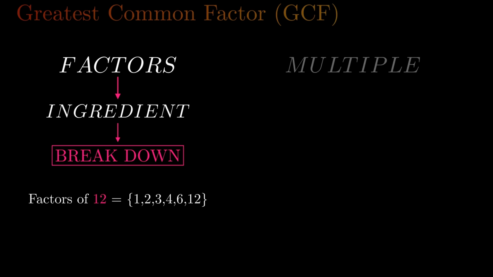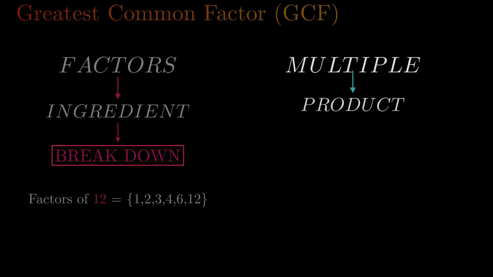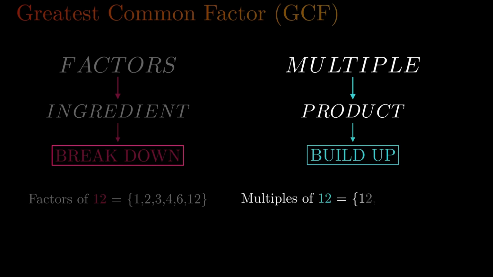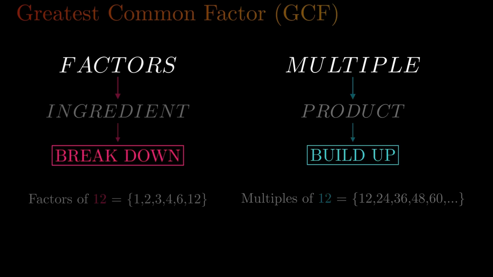On the other hand, think of multiples as the giant products. They build numbers up. It's what you get when you skip count. Multiples are bigger than the starting number. For example, the multiples of 12 are 12, 24, 36, 48, 60, and so on. Just remember, factors break it down, multiples build it up.